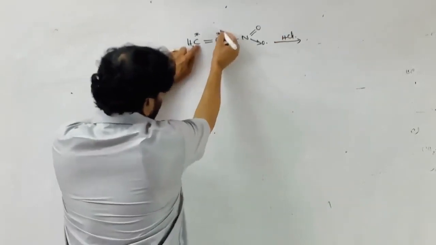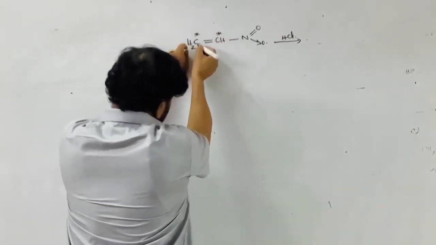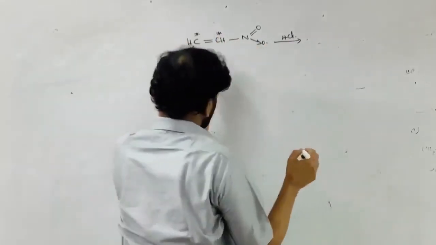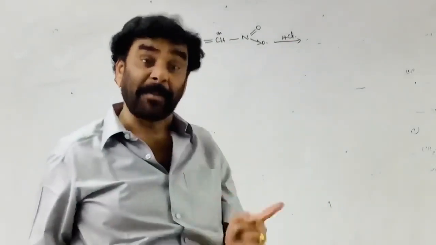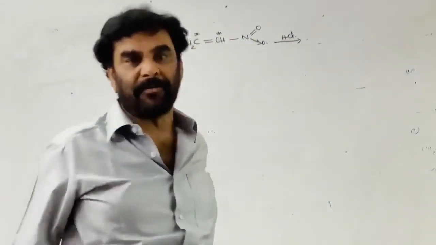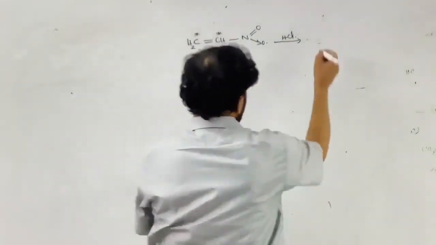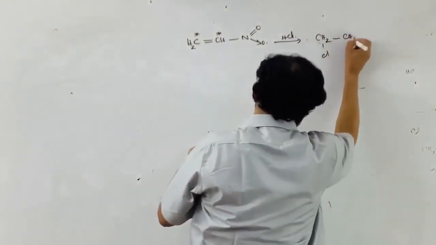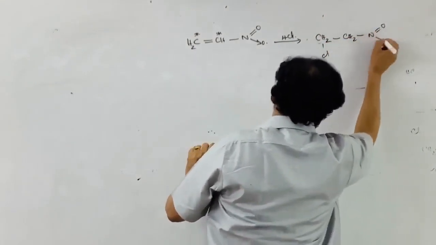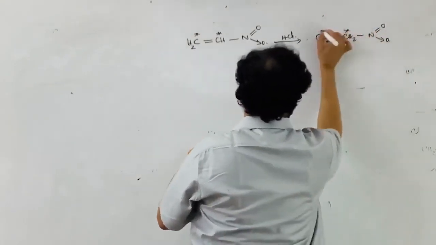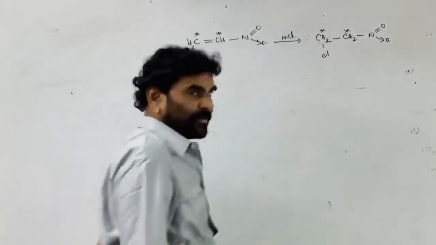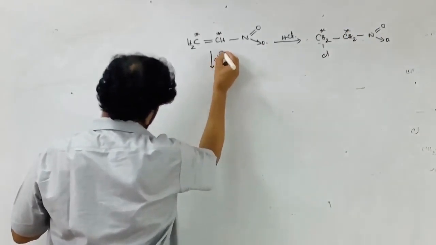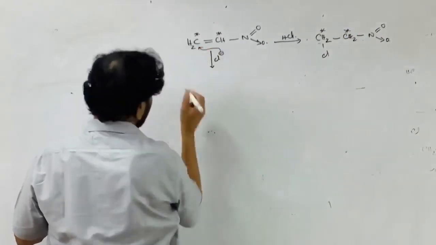So a carbanion should form: the nucleophile goes here and the carbanion is generated. The second thing is that the addition takes place against the Markovnikov rule, not according to it. This is CH2Cl, CH2, N double bond O, against the Markovnikov rule, since the nucleophile is approaching and donating here.